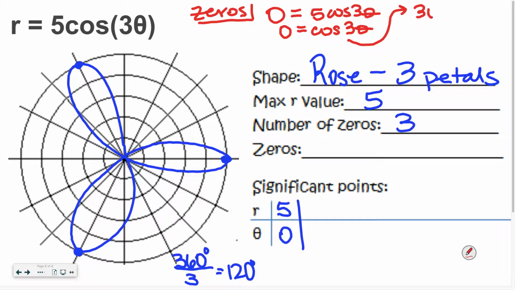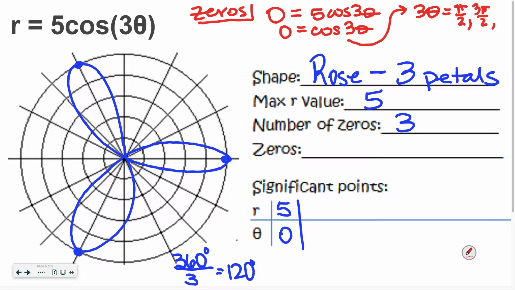So 3 theta equals, where is the first place that cosine is 0? Pi over 2. Then 3 pi over 2. We said that there's 3 zeros, so we better keep going until we have 3 numbers.